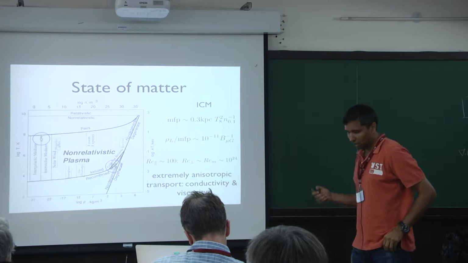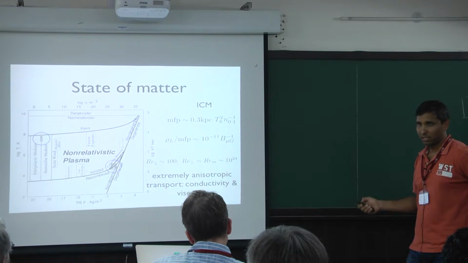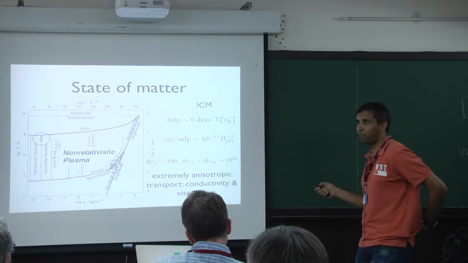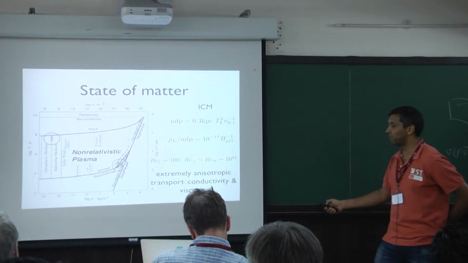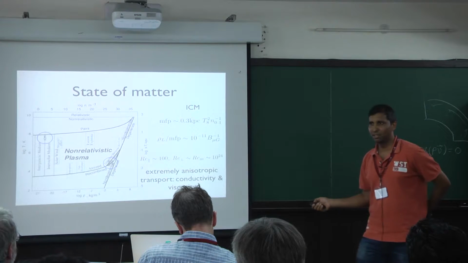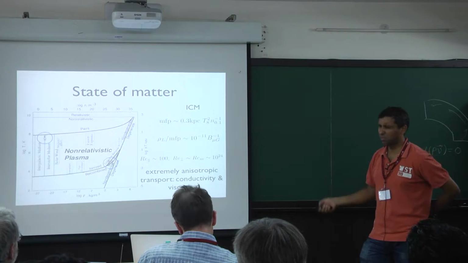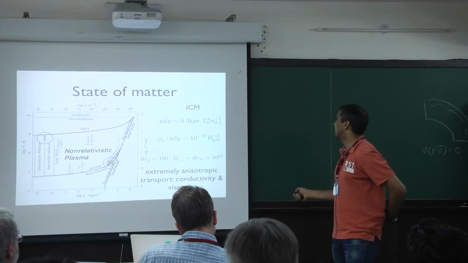The other important point here is that this plasma is magnetized. Observations of Faraday rotation have shown that these clusters have magnetic fields of order microgauss, which is similar to the galactic disk magnetic field strength.